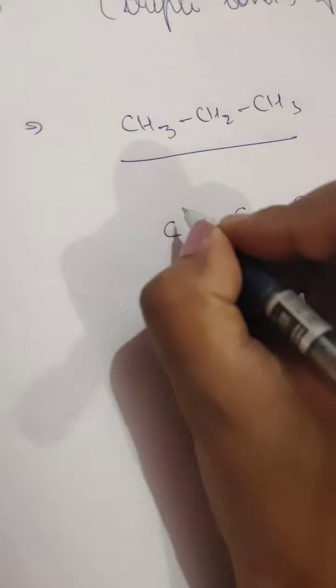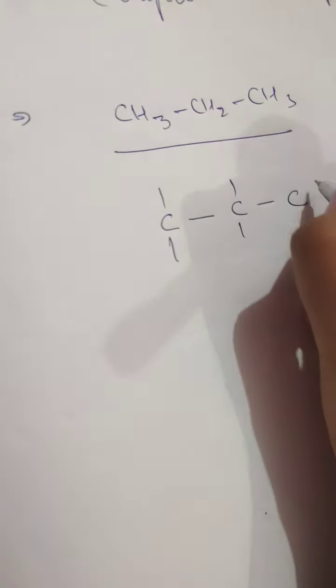Now I have told you about the chain hydrocarbon. A chain hydrocarbon is just a simple line, like ethane, methane. It is CH3, CH2, CH3. This is carbon, and this is hydrogen.